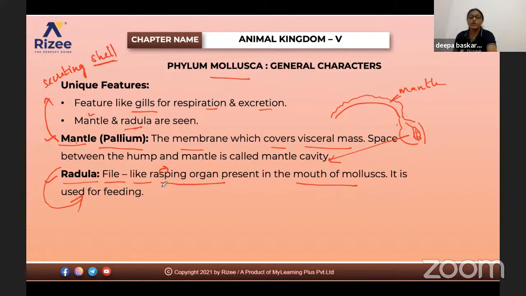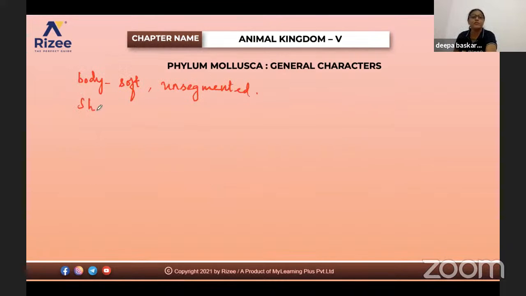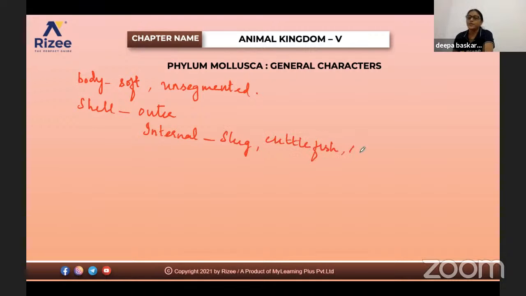And if you come to the shell, we may think that the shell will be the outer covering of the mollusk, but actually it can be present as an internal structure also. Some of the mollusks have internal shells, for example slug, cuttlefish, squid.